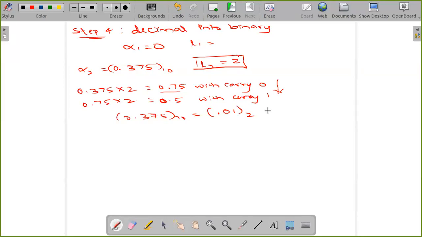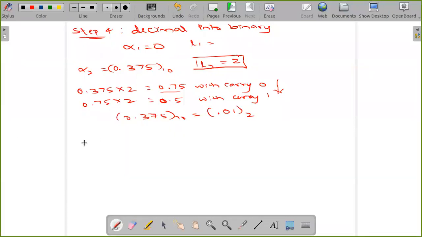If L equals 3, I will take one more iteration, one more step, because I want 3 bits. So this expansion should be based on L values. Here L2 equals 2, so I require only 2 bits. So 0 and 1 will be my bits.